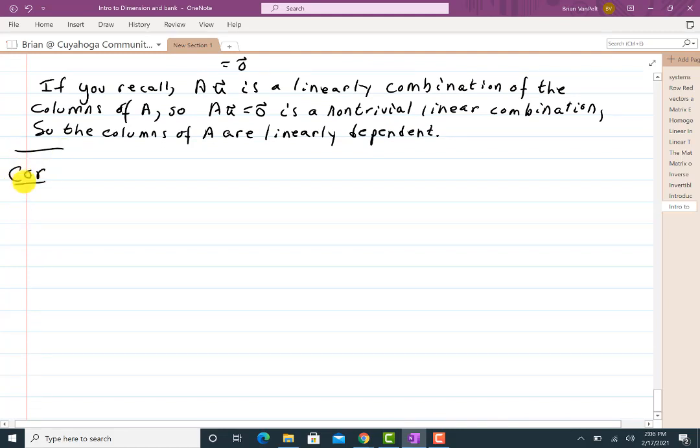Remember, when I write COR, that means corollary, something that typically follows easily from the theorem itself.